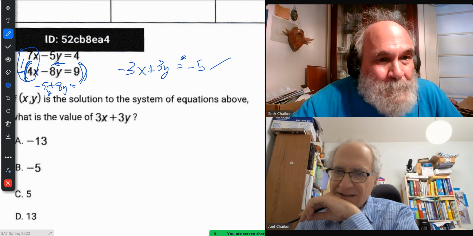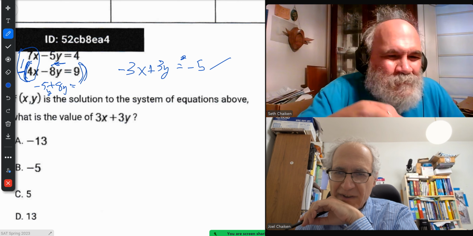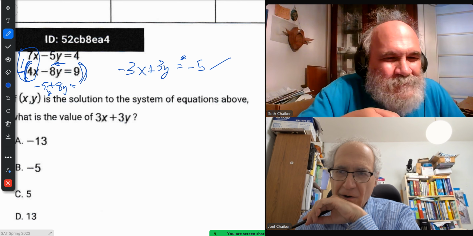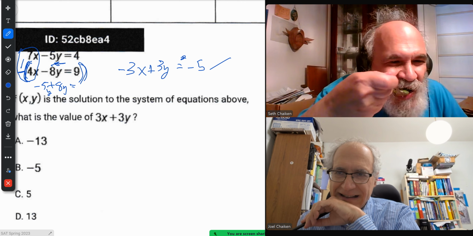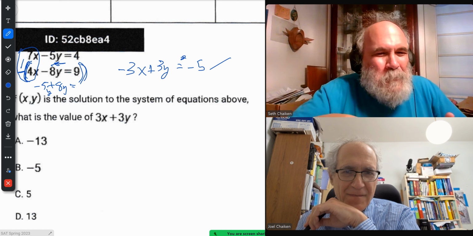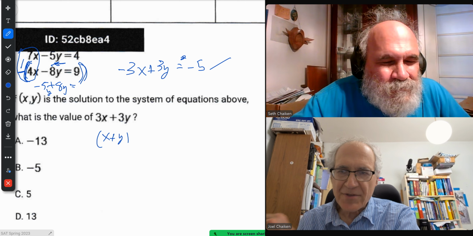Oops, that's not that great, because we want 3x plus 3y, not minus 3x plus 3y. Oh, no. But notice we could also get x plus y. If we solve for x plus y, then we can just multiply by 3.